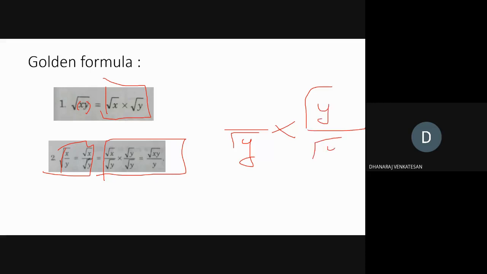If there is an expression in the denominator, you multiply with the denominator twice so that you will get a fraction in which there will be only one root. In the top there will be a root. In the bottom, after squaring, the root will be cancelled. So you can solve this problem easily. These formulas are used only for simplification purposes.